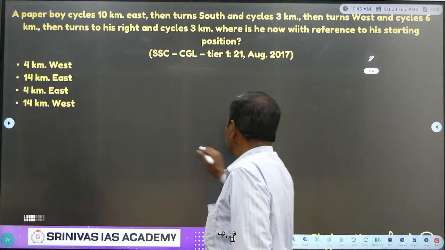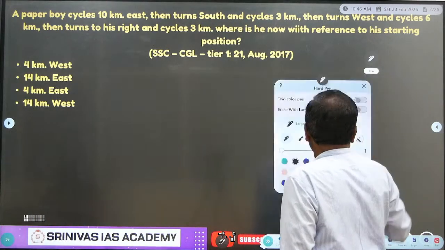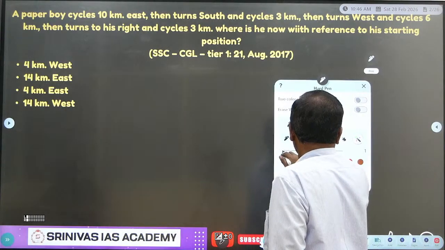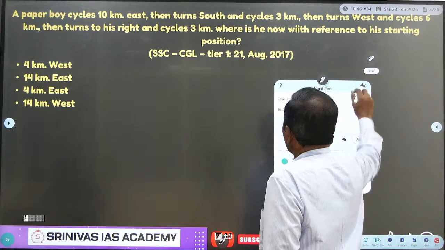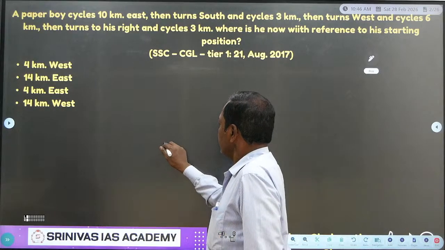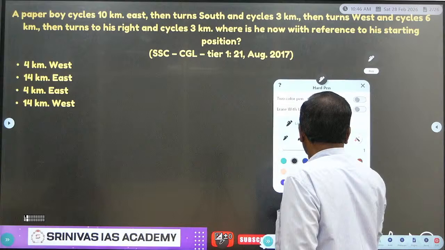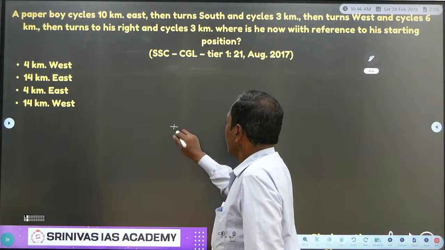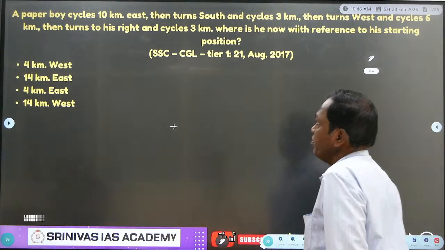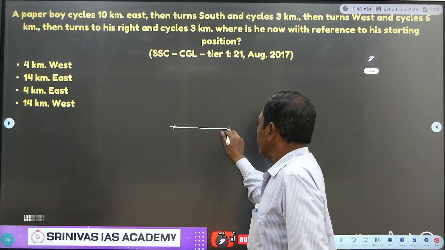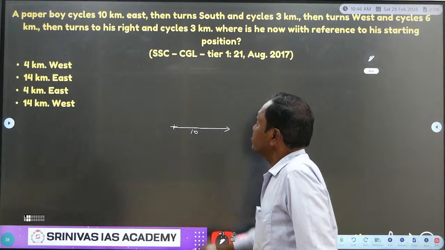A man cycles 10 kilometers east, rightward, 10 kilometers.